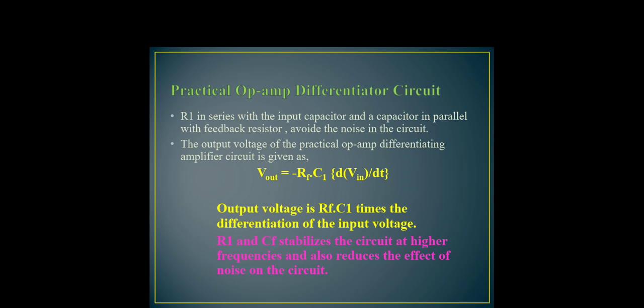The output voltage of this practical op-amp differentiator is the same: Vout = −Rf C1 dVin/dt. That is, Vout is Rf C1 times the differentiation of the input. But R1 and CF stabilize the circuit at higher frequencies and also reduce the effect of noise on the circuit.